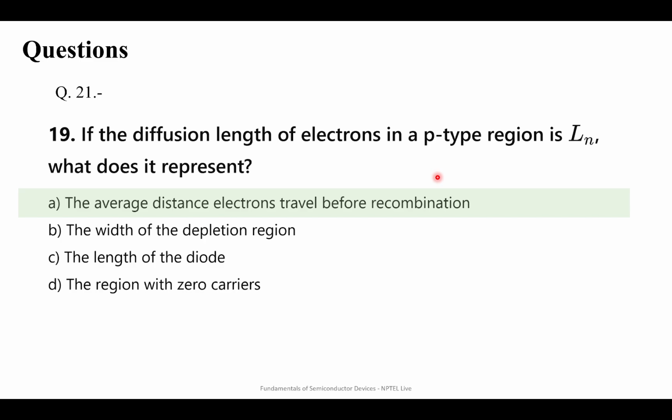If the diode length is comparable to or less than the diffusion length, it is called a short diode. Basically, in a short diode, all the carriers that are injected go to the other side without any recombination.